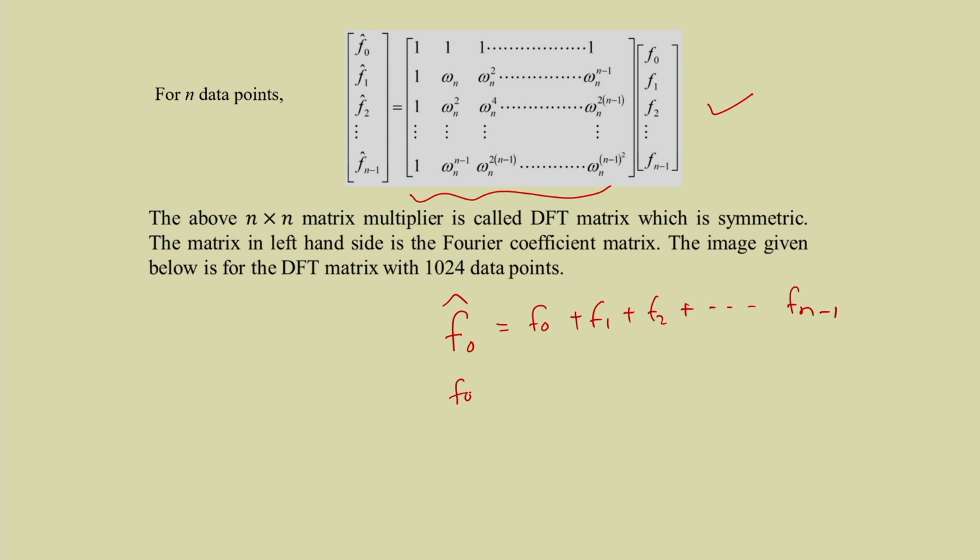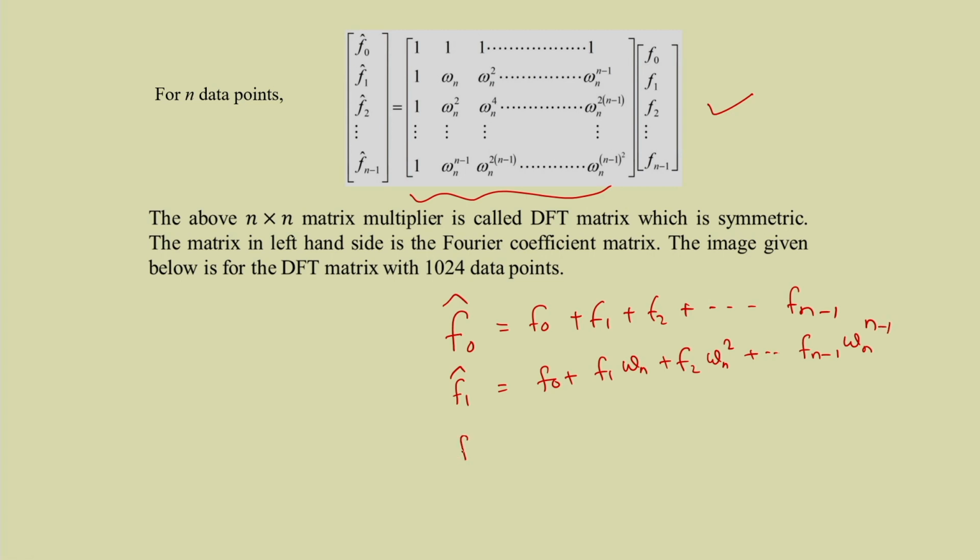And f 1 cap, as we have written in the previous slide, equals f 0 plus f 1 omega n plus f 2 omega n square, and this way it goes on up to f n minus 1 omega n to the power n minus 1.